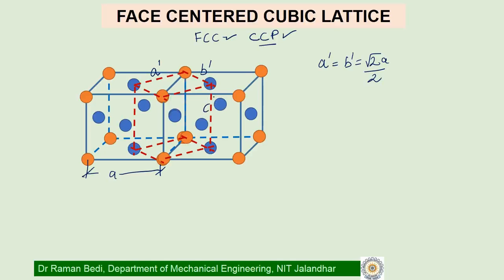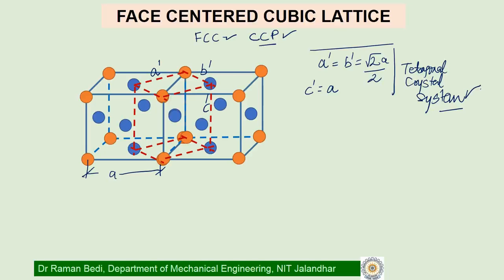And this C dash will be equal to A. So it gives me that this also is nothing but a tetragonal crystal system, where we have the lattice points at the corners, as well as, if you look at it carefully, one more lattice point here at the center of this unit cell. So you have the unit cell described here, which we are saying is representing your tetragonal I now.